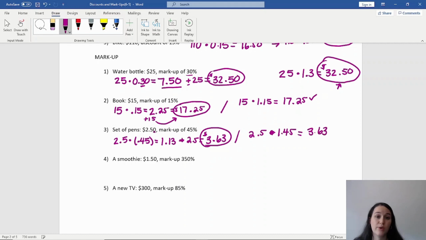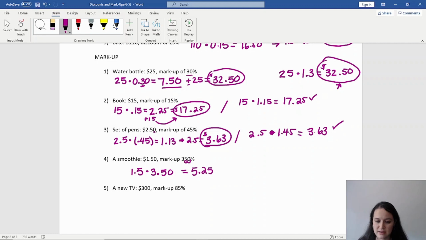Again, rounding there too. All right, a smoothie here with your markup of 350%, and it costs $1.50 to make a smoothie. However, now look, you move your decimal place over 2 times, so your markup is 3.50. So that is going to be, let's see, 1.5 times 3.5. Okay, so that's 5.25 is your markup. That's not your final amount.